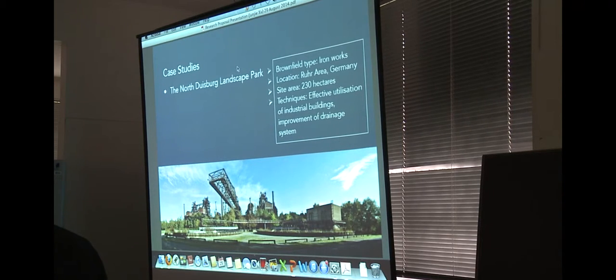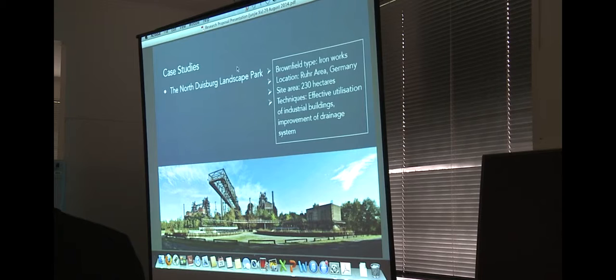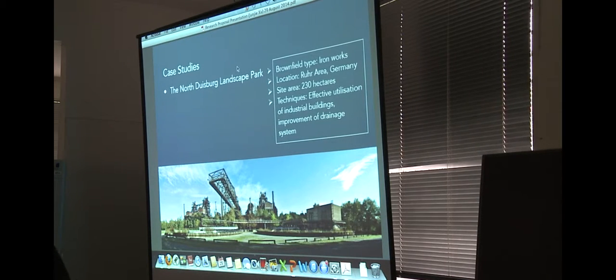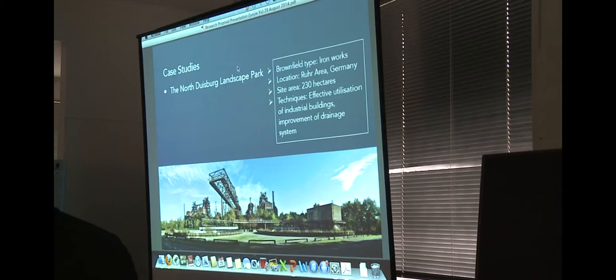All of the buildings are kept and used for different functions such as business, office, and museum. Another thing is that the drainage system has been divided into different channels to clean the water.